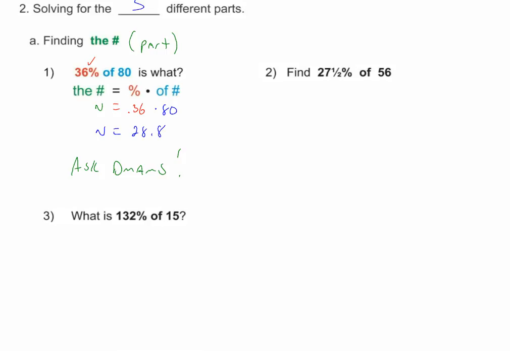Let's do the next one, number 2. I'm sorry you guys don't have it on your page yet. Find 27.5% of 56. Again, I'm going to start with the number equals the percent times the of number.